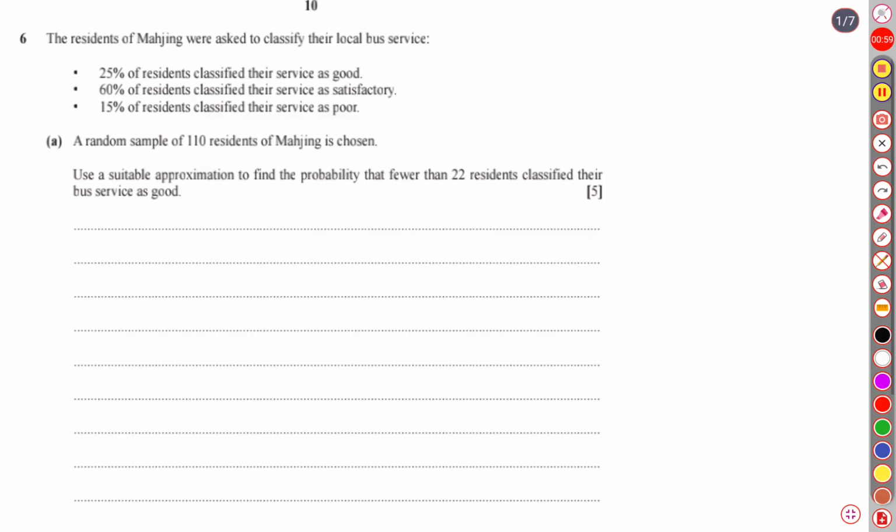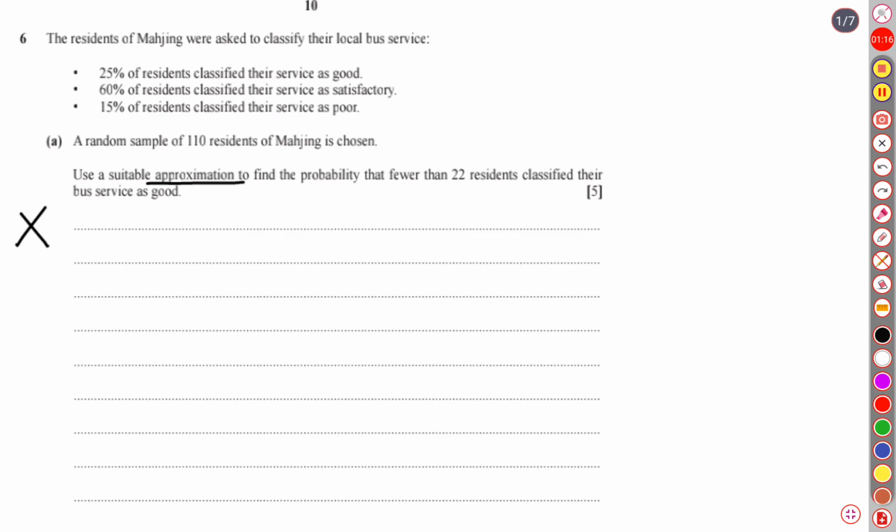So, here the clue word is approximation. Whenever the word approximation is mentioned, that means the distribution is given in binomial, which should be converted to normal distribution. So let's start with the binomial distribution.